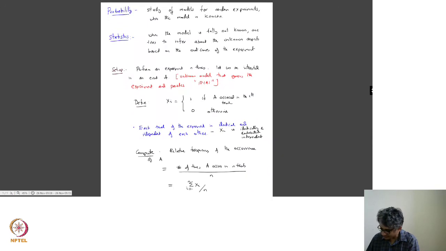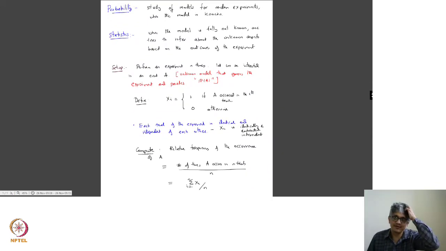On the one hand, if the model is not known, we don't know what P of A is, but we're interested in the event A. A is our key interest. We want to know what P of A is. So what we do is we perform the experiment n times, with each trial being independent of the other. Once you do that, you can compute the relative frequency of the event A. And from this, one tries to infer what we can say about P of A. In statistics, all we have is summation xi by n. Now, is this close to P of A or not close to P of A?